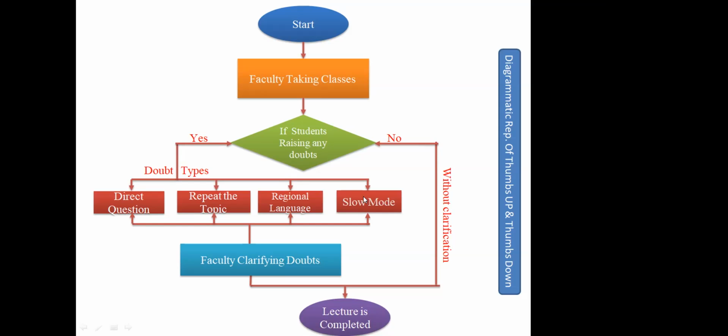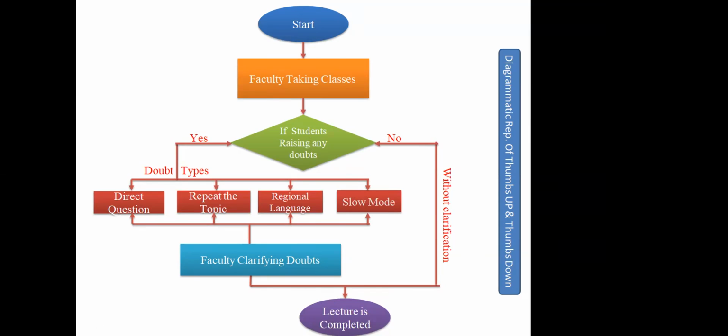Then, based on the question pattern, the teacher clarifies the doubts of the students, then the session comes to an end. This is one way. Another way is, when the teacher takes the class, if no doubt comes at the moment, the session directly comes to an end. This is the flow of the thumbs up and thumbs down method.